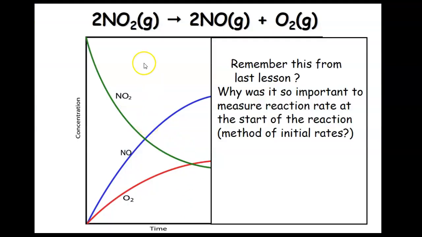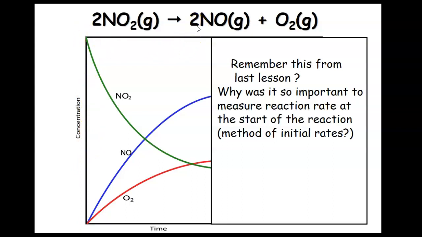Right, this is another example we used during Le Chatelier's principle. This is a reactant that breaks down to give you two products. The reactant here is 2NO2, which is at the top. The concentration is very high at the beginning of the reaction.